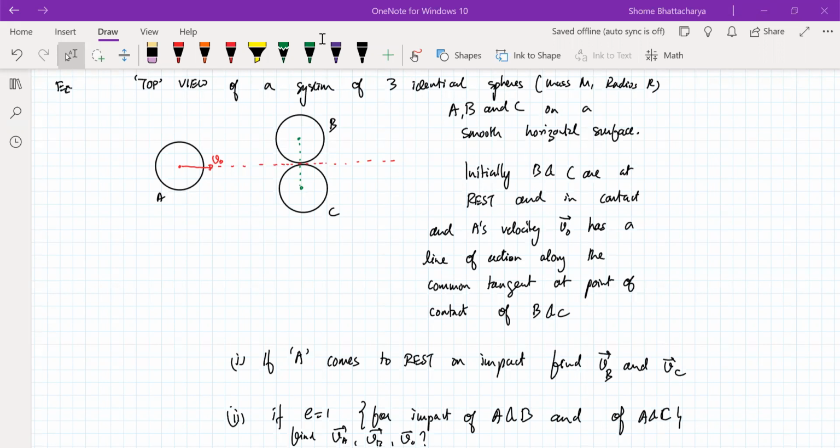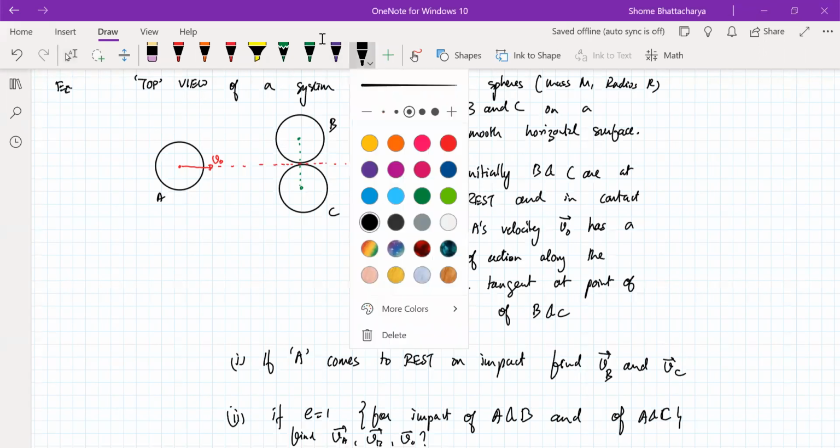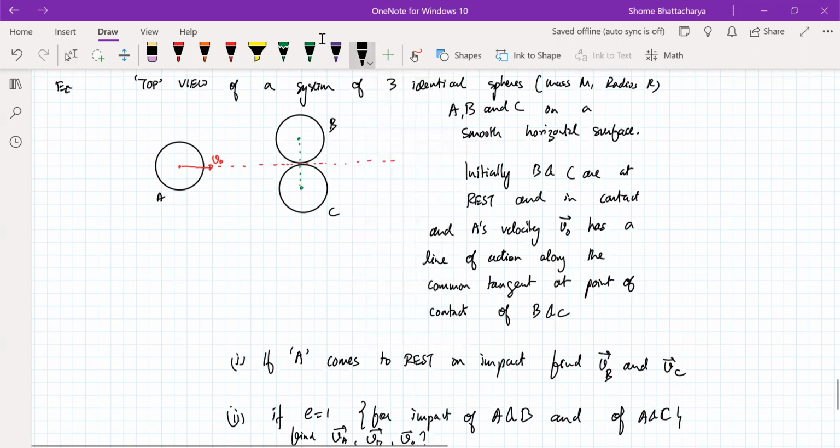You will not require the coefficient of restitution. In fact, once you find out the final velocity of B and C, you can also find out the coefficient of restitution in this case. And you'll see that in this case, E is less than 1.